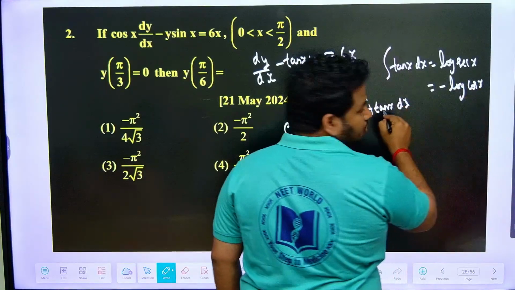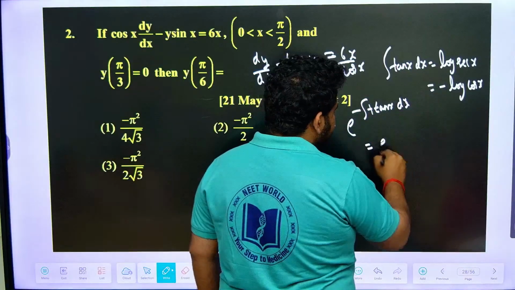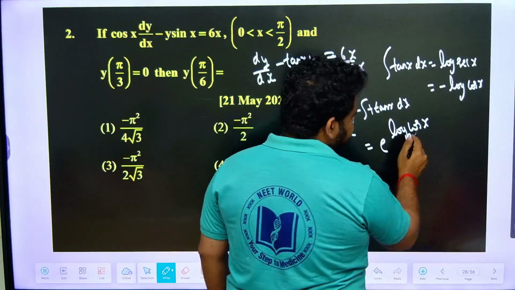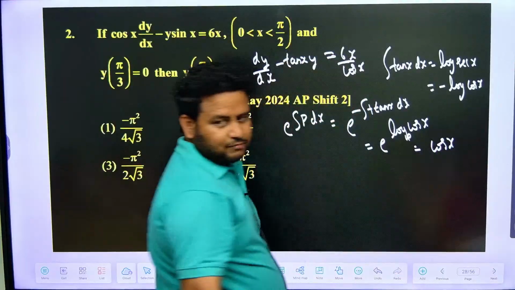Let me take minus log cos x here. So minus into minus will become plus, e power log cos x. Here the base is e. So we will get the integrating factor as cos x.